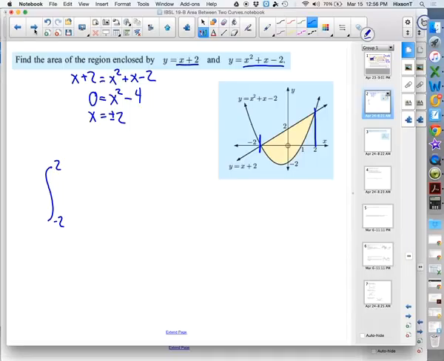Which function is on top? The x plus 2. Alright, so we're going to take the integral of x plus 2 minus the bottom function. The bottom function is the parabola, x squared plus x minus 2.